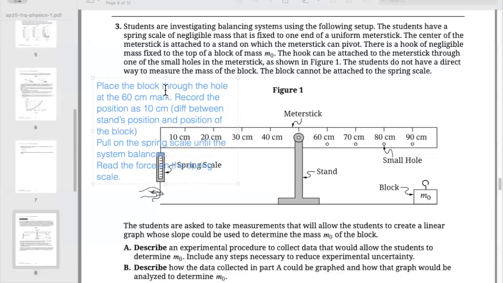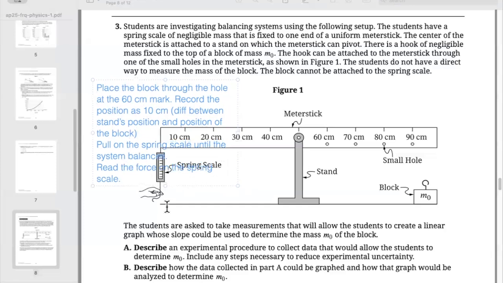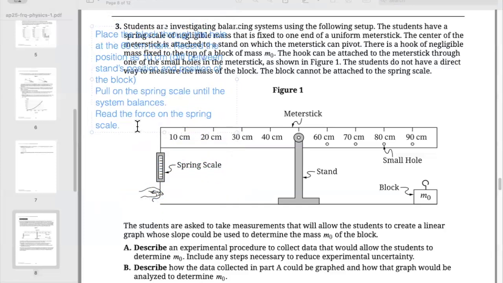There you go, so we're measuring distance. We are reading the force on the spring scale, and you are also going to record the distance from the pivot or the stand to the scale, which is 50 centimeters.